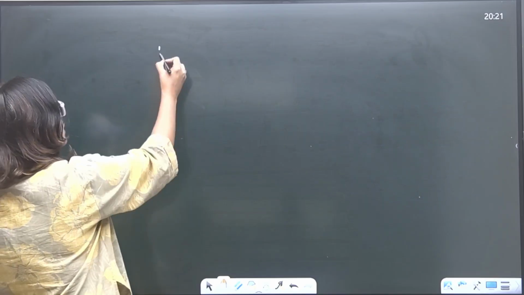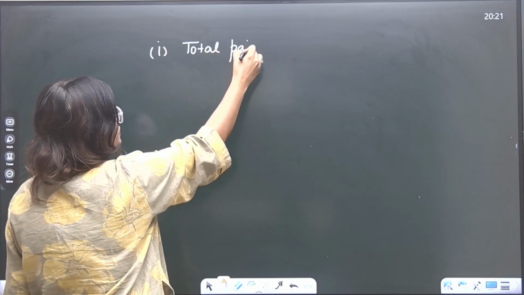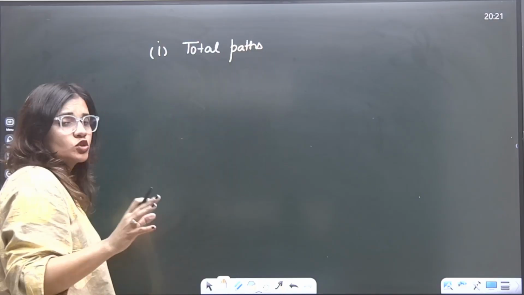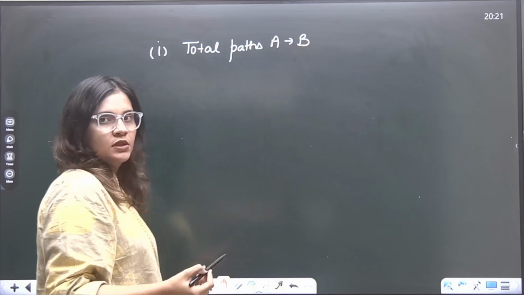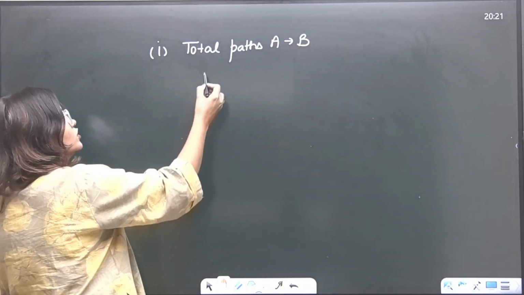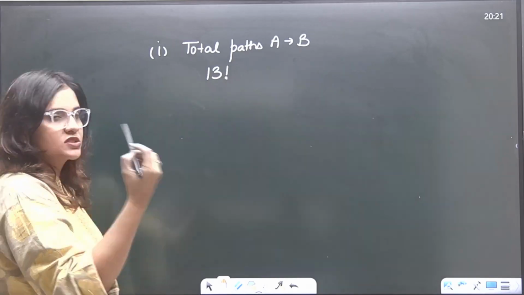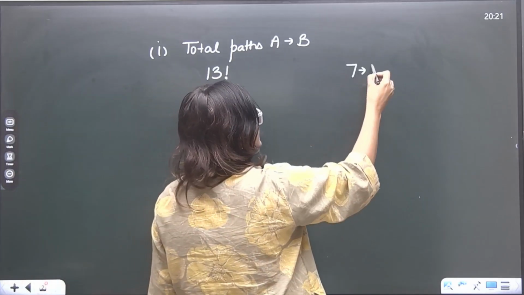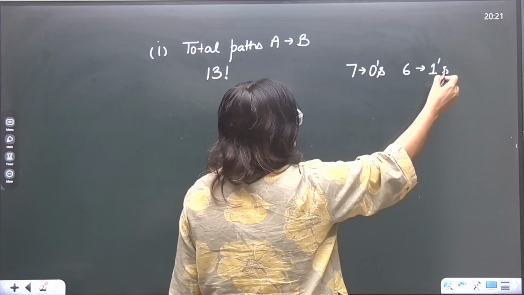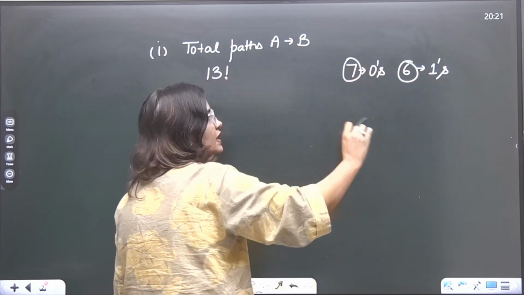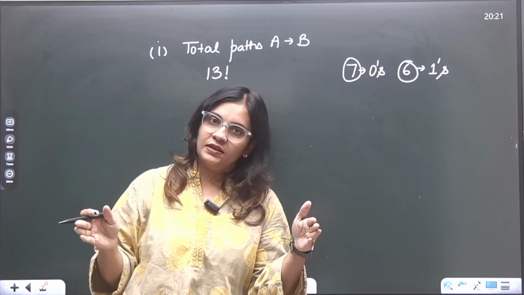So first, the total paths from A to B, how many are possible? I will arrange 13 numbers. What are those 13 numbers? 7 zeros and 6 ones. So in total, there are 13 numbers. So basically, I have to arrange 13 numbers in a line, right?